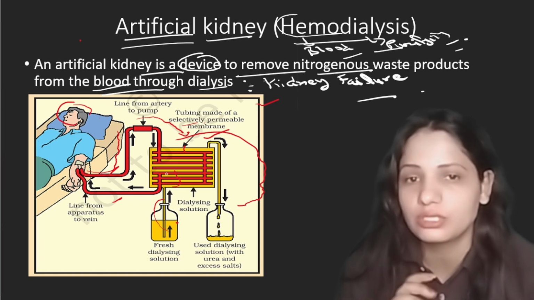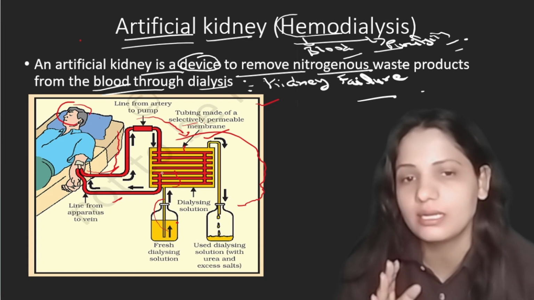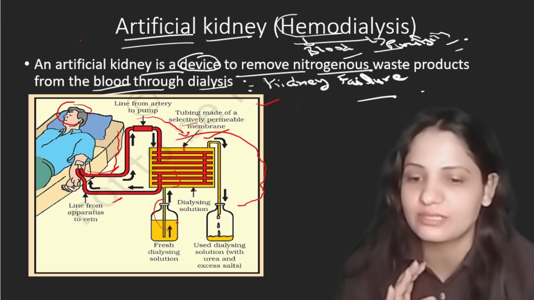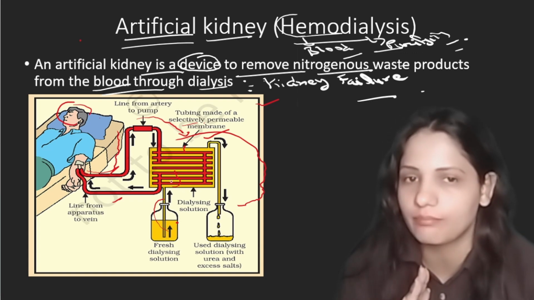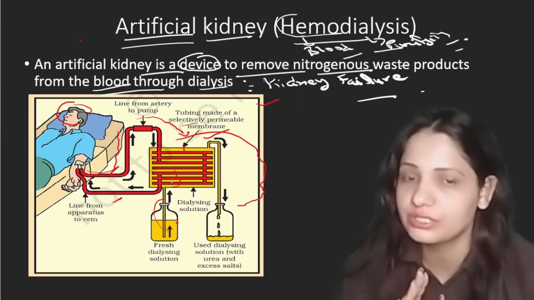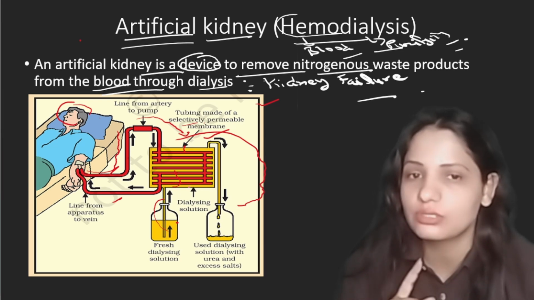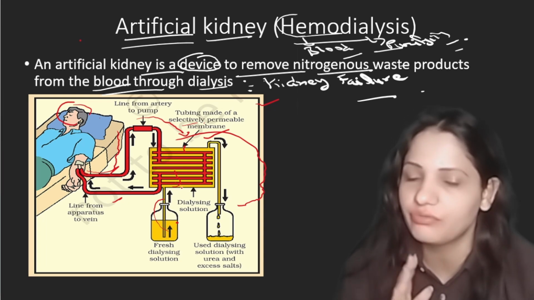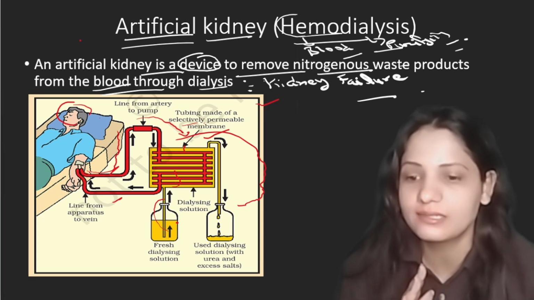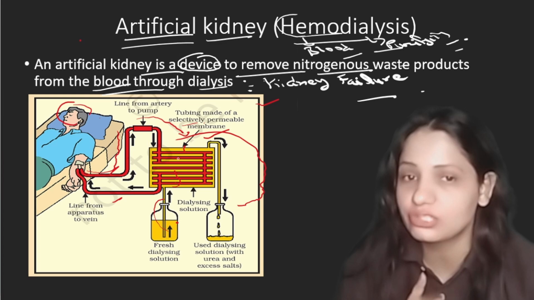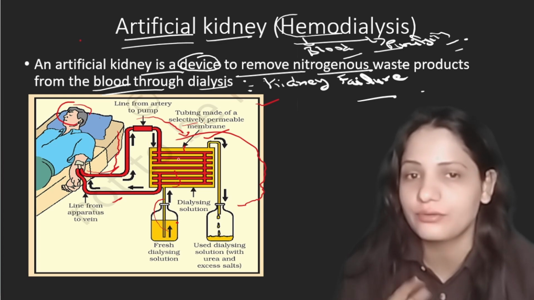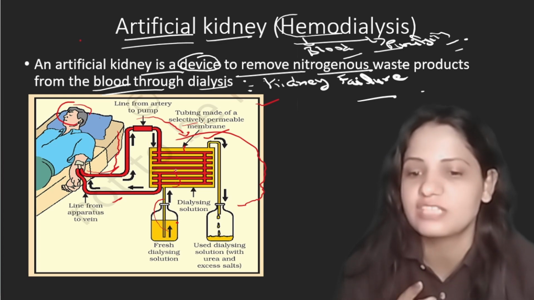This solution contains everything similar to our blood, and the osmotic pressure of this solution is similar to our blood. Its composition is similar to our blood, except this dialyzing solution doesn't contain any kind of nitrogenous waste, but the blood coming from the patient's body does contain nitrogenous waste.